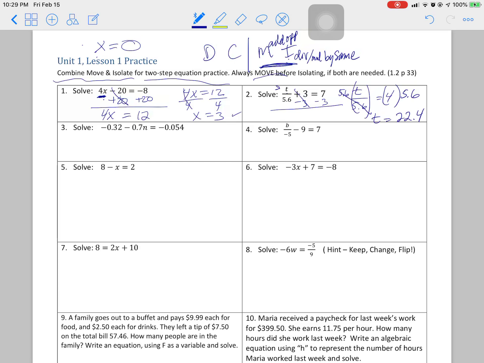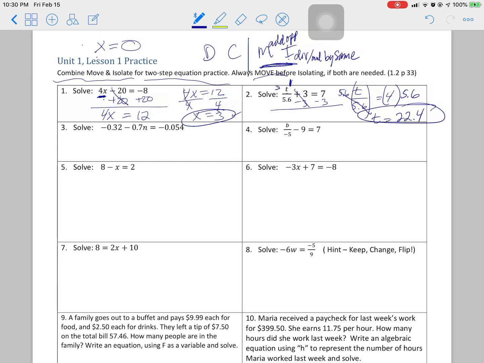No, I didn't do that right. 22.4 divided by 5.6 is 4. Was what I was hoping for. So 4 plus 3 is 7. So all you have to do is put that back in here and check. Okay, I did 22.4 divided by 56. So that is correct. Okay.